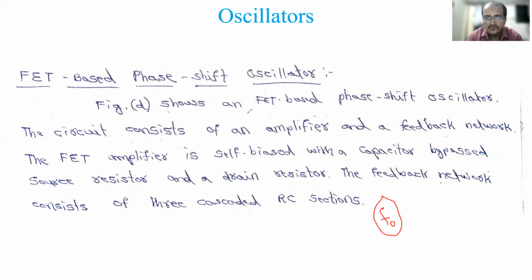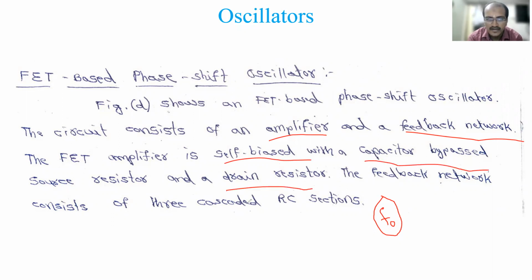Okay, the next figure shows an FET based phase shift oscillator. The circuit consists of an amplifier circuit, common source, and then a feedback network. The FET amplifier is self biased with a capacitor bypassed source resistor, and a drain resistor.